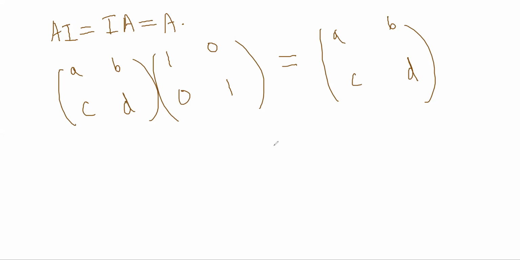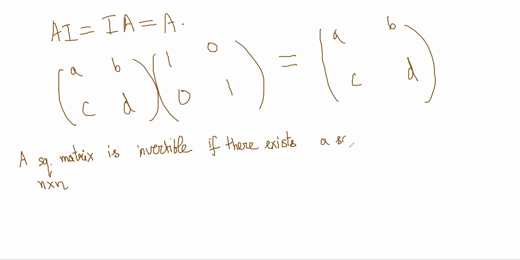Okay. Then next thing is a square matrix A, which is n cross n, is invertible if there exists a square matrix B such that AB is equal to I is equal to BA.